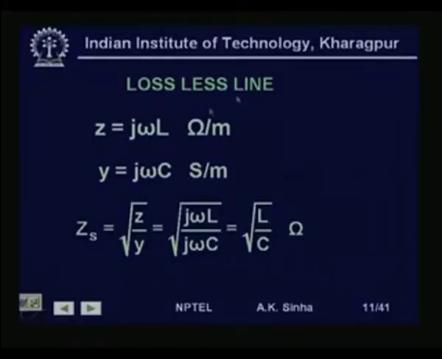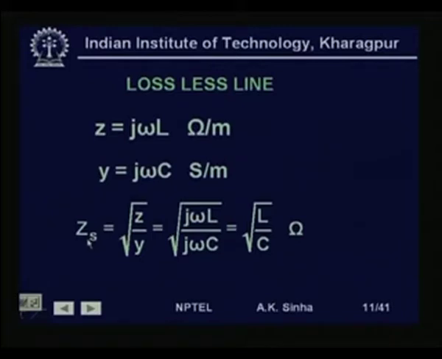Now, in case of the lossless line, the series impedance per meter length is equal to jωL, where L is the inductance of the line per meter length, and the shunt admittance Y per meter length will be equal to jωC, where C is the shunt capacitance of the line per meter length. So, Y is in Siemens per meter, Z is in ohms per meter.